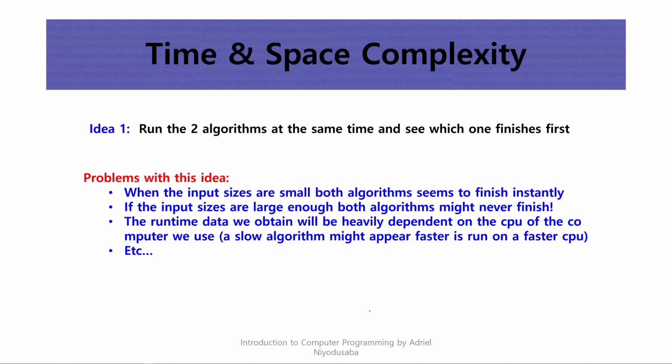And on the contrary, if the input sizes are large enough, both algorithms might never finish and you will not be able to compare them. But I think the biggest issue is that the results you get will be heavily dependent on the hardware you use. So if you're using a faster CPU, then an algorithm which was supposed to be slow might appear to be faster than the other one.